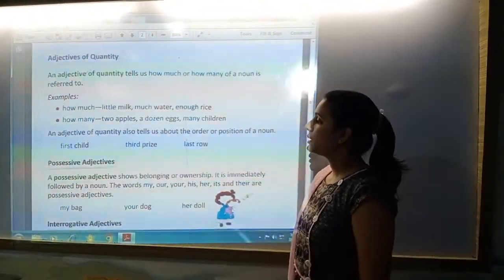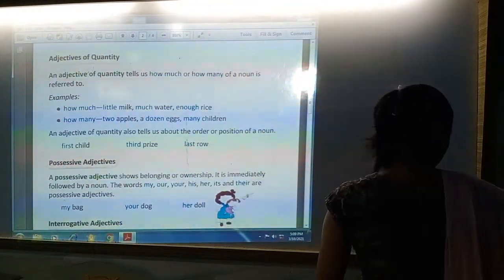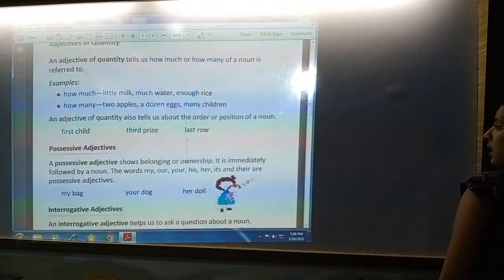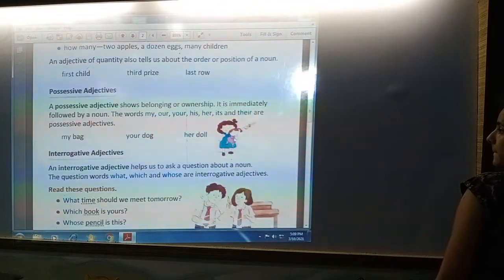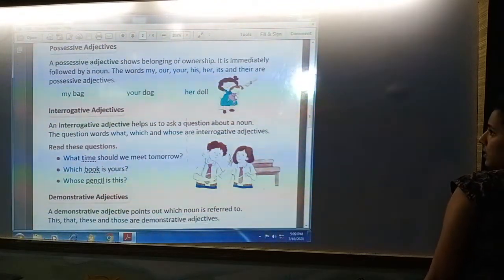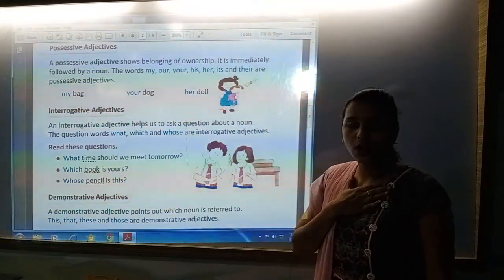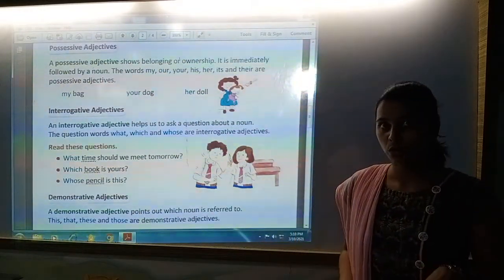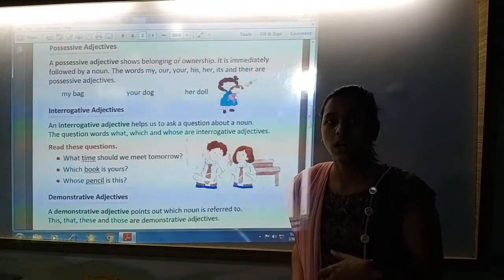Next is possessive adjectives. Possessive adjectives, that means mine, yours, ours, hers, theirs, its, our. A possessive adjective shows belonging or ownership, something which belongs to you or which is in your possession, in your ownership.